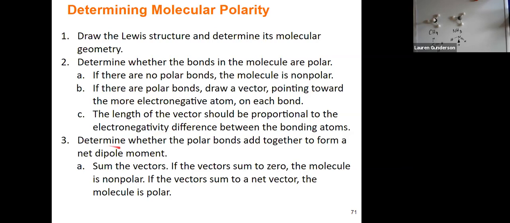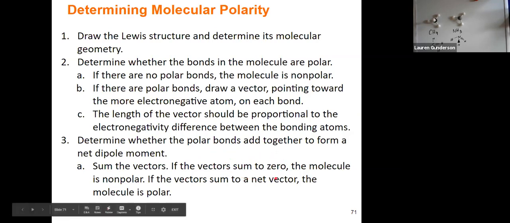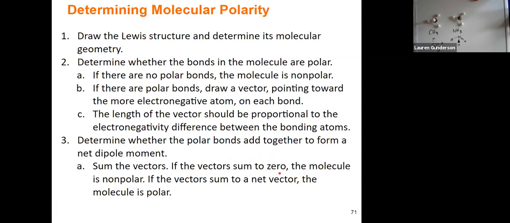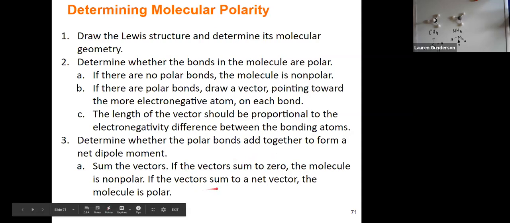Then you're going to decide whether you have a polar molecule or not by summing the vectors together and seeing if you have a net dipole or if you have a zero vector. Okay, if you sum up your vectors and you get a 0, then you have a nonpolar molecule. If you sum up your vectors and you get a net vector, then you have a polar molecule.